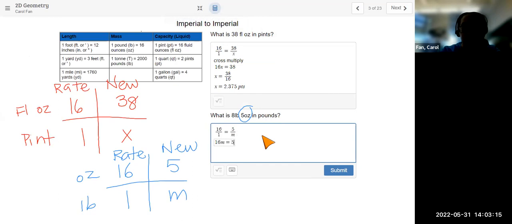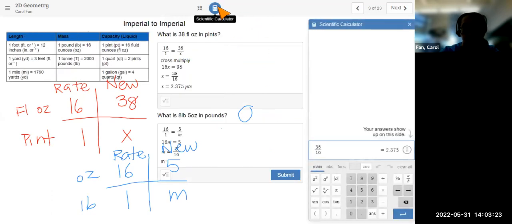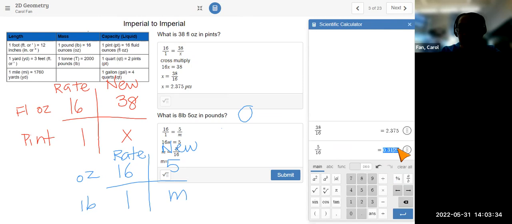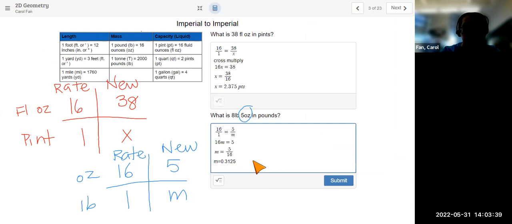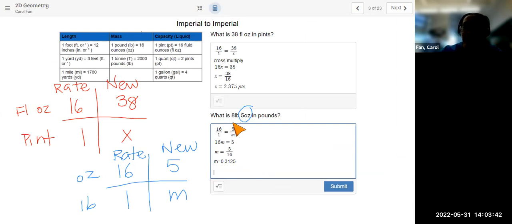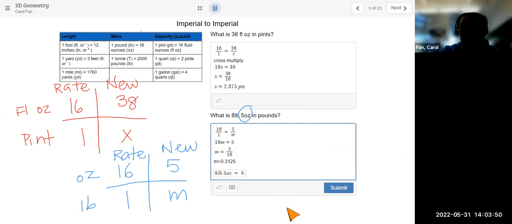Cross multiply, 16m is equal to 5. m is equal to 5 over 16, and 5 over 16 is 0.3125. We have 8 pounds already, so 8 pounds 5 ounces is equal to 8.3125 pounds.